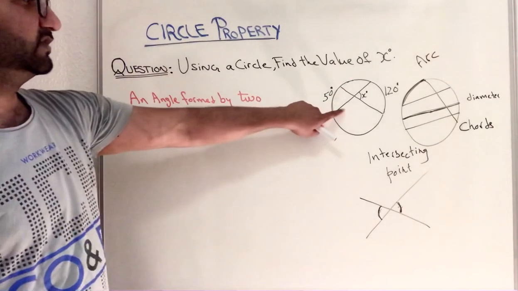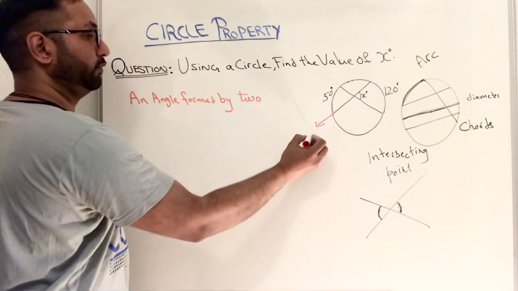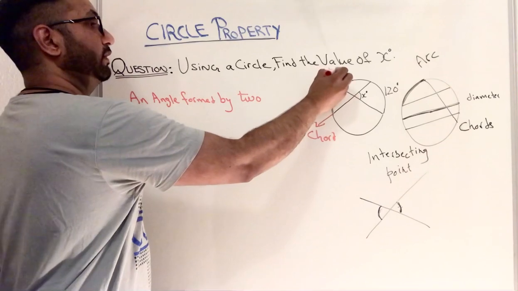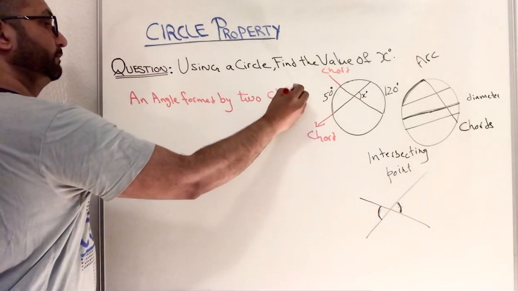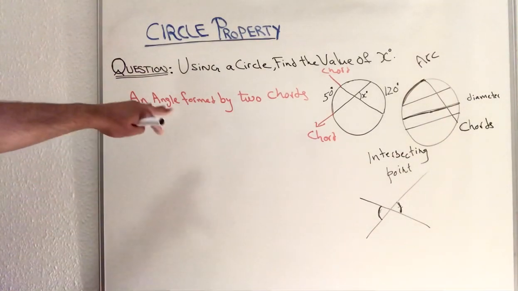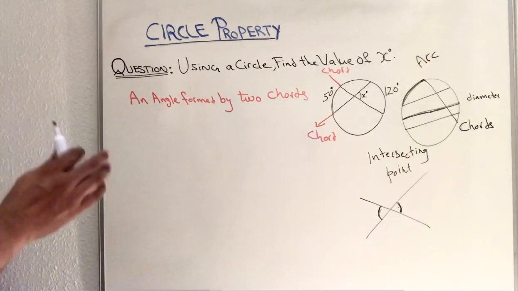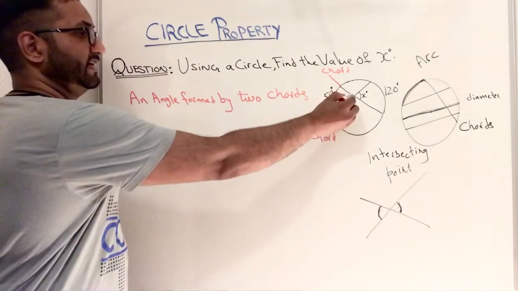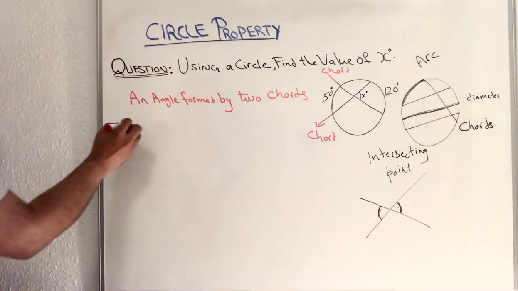This is the first chord, this is the second chord. Yes, this is an angle formed by two chords that intersect, because they are cutting or overlapping each other.